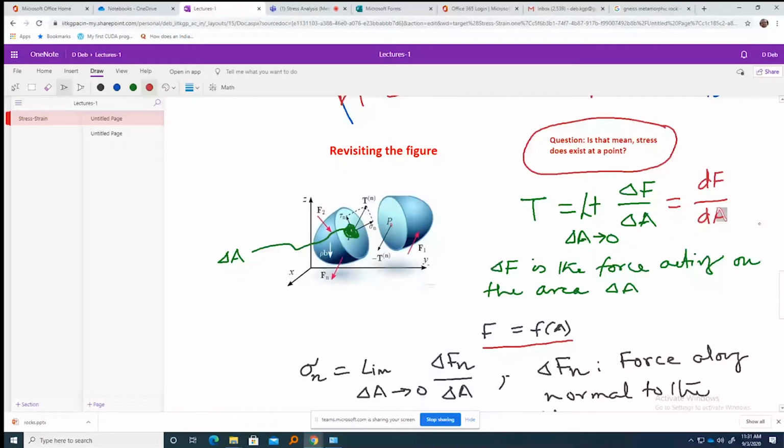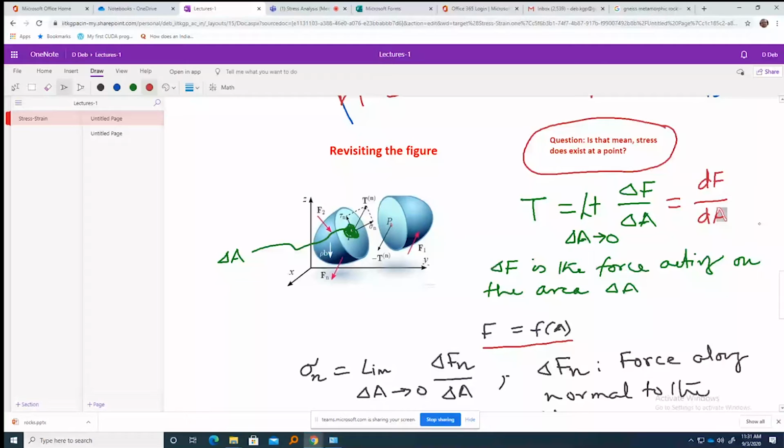Now you know solid mechanics, and let's say you are applying a force F, and in this case it's not an impulse force. Normally with a hammer we give an impulse force. Let's assume we are giving a static force, gradually giving the force F.